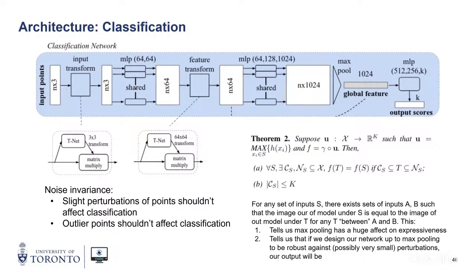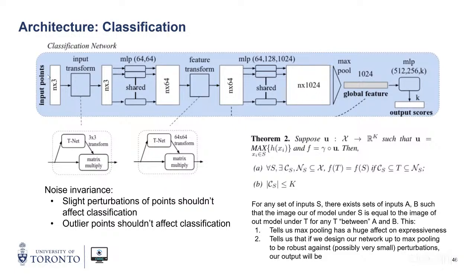So this CS and this NS, does everyone see what this is doing? It's saying we can pick a collection of sets where for any set sandwiched between this CS and this NS, our function will always output exactly the same thing.